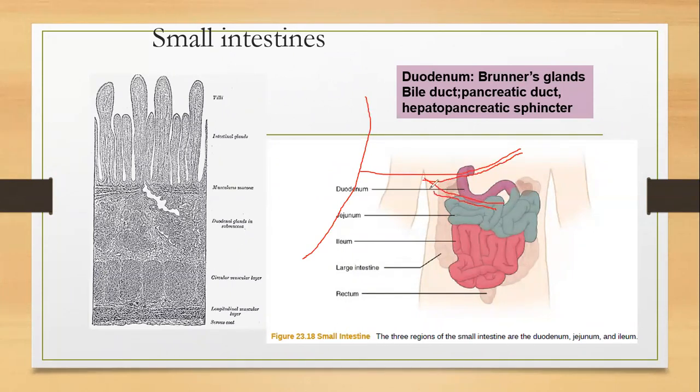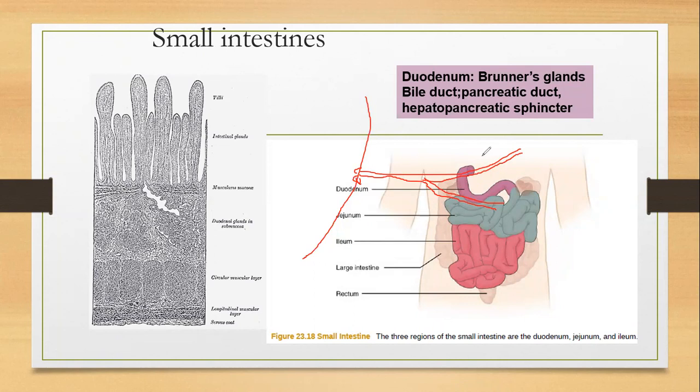The two come together to form the hepatopancreatic duct, and it forms a bulge which looks like a volcano from the surface, and in the middle of the volcano is the lumen that will exit the contents. This bulge is made up of circular muscles and forms the hepatopancreatic sphincter.